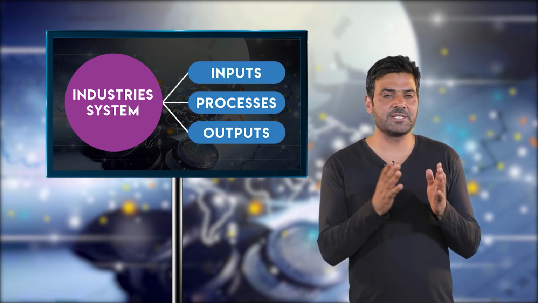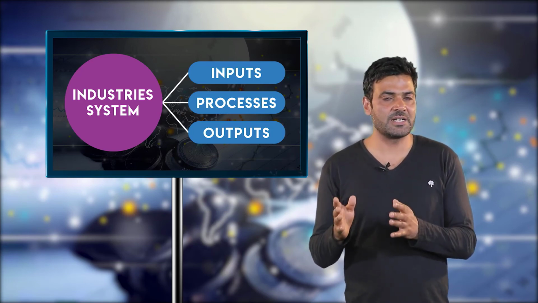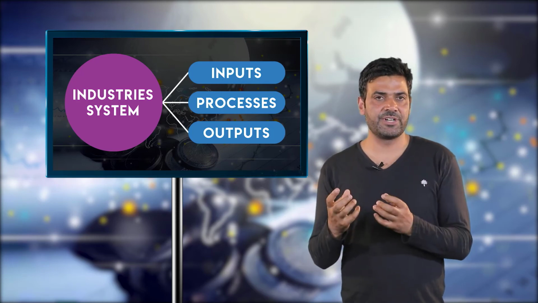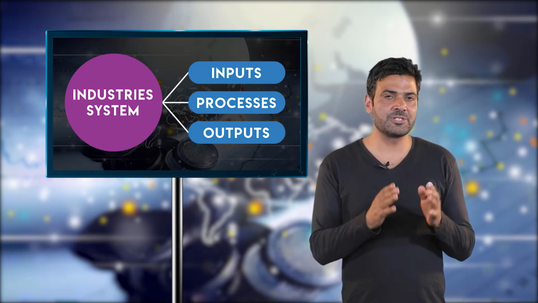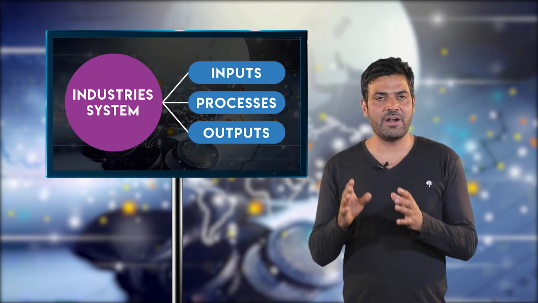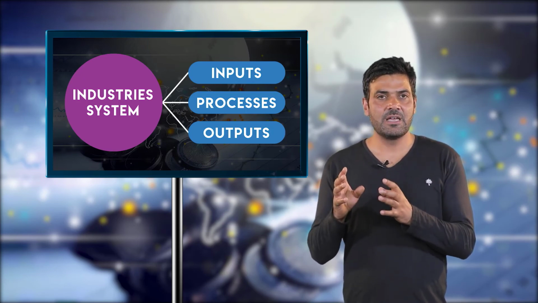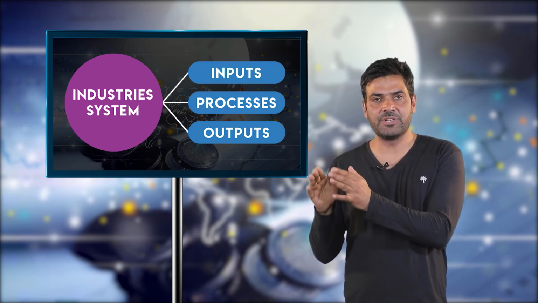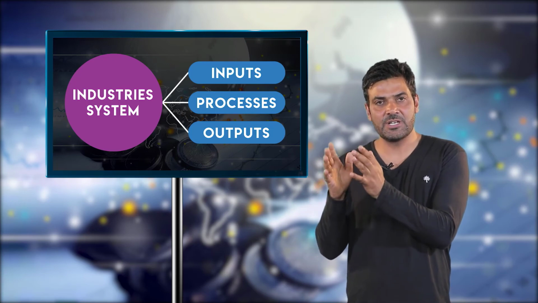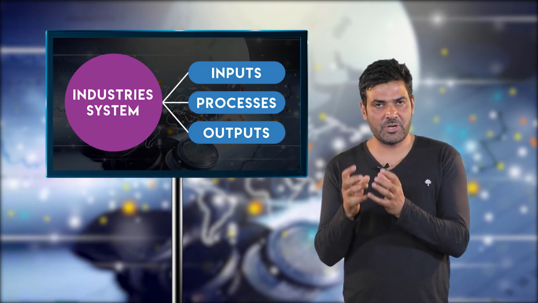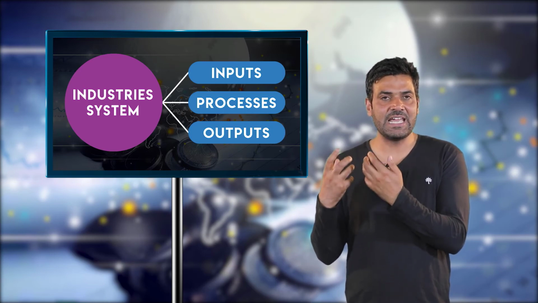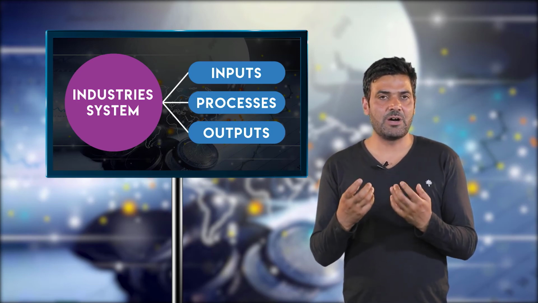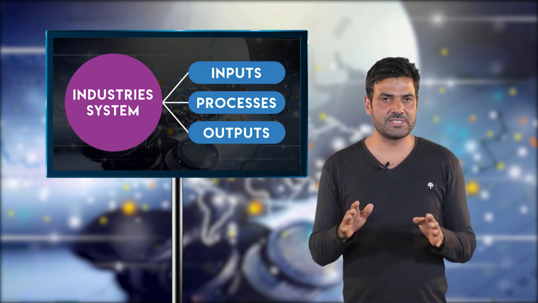Processes are the activities that convert the raw material into the finished products. Outputs are the end products of the industrial processes, the finished products that we finally have, and the income earned from them. So this is the industrial system.